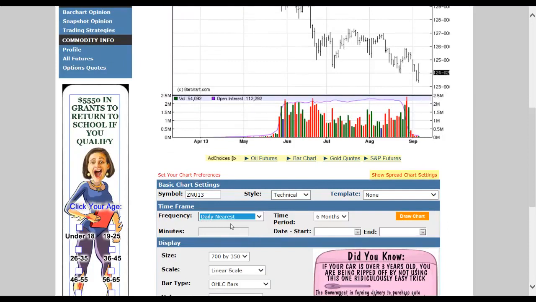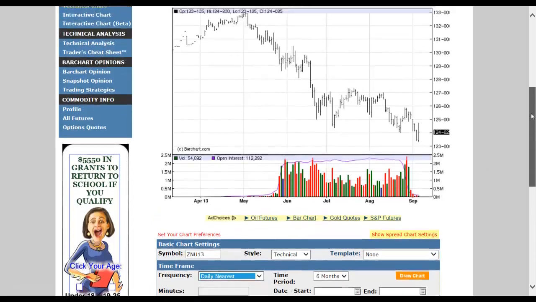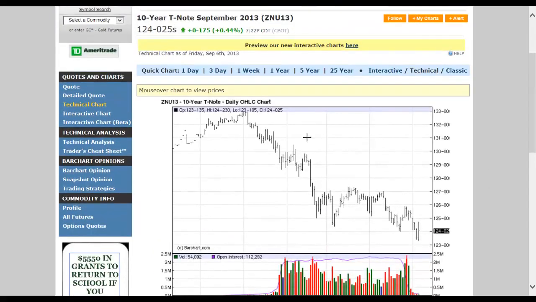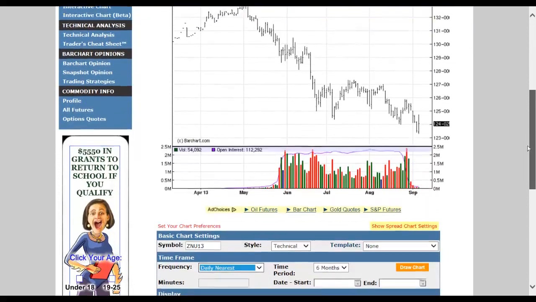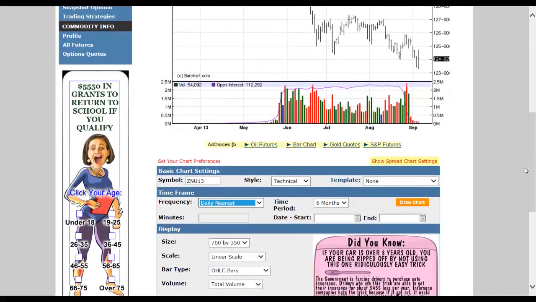Click on that. The reason we want that is because it's going to show a continuous, non-break in the contract. As you can see here, if I scroll up, you'll see these little spots on the chart. You'll see an absence of that by using that type of chart.